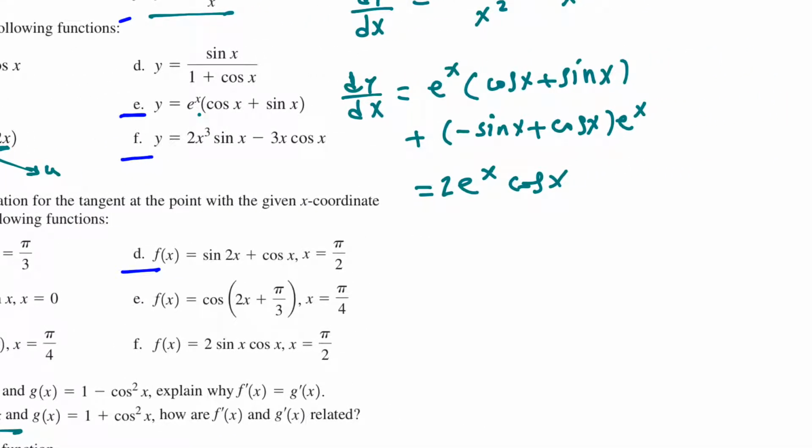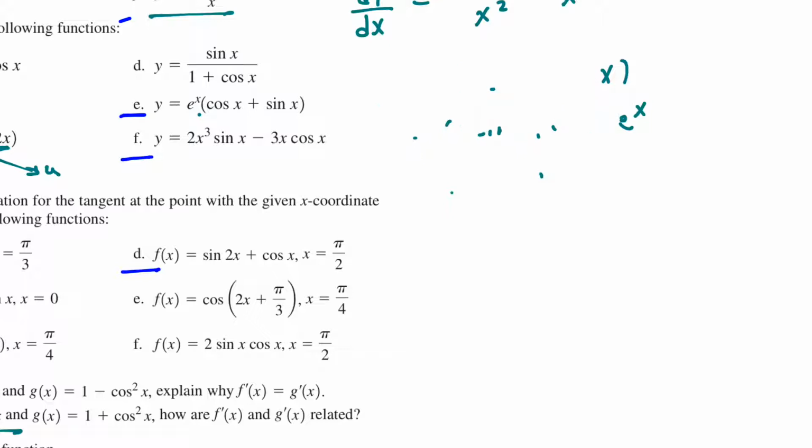Part F, derivative of 2x^3 sine of x minus 3x cosine of x. You have to apply product rule twice.